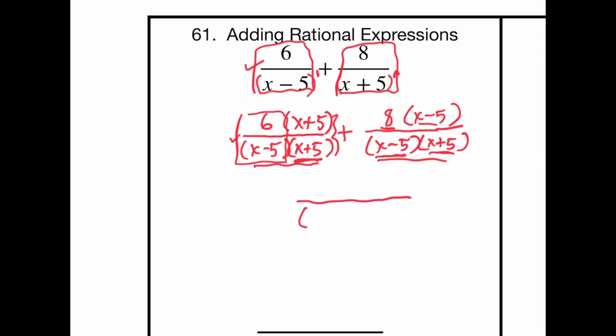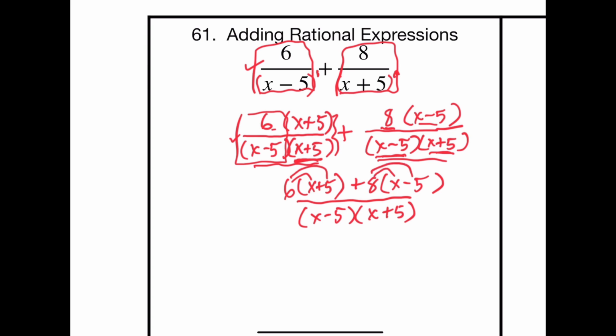So I'm going to write down my common denominator, x minus 5 times x plus 5. In the numerator, I have 6 times x plus 5 plus 8 times x minus 5. And so now all I have to do is simplify. Like previous problems, I have two distributive properties, 6 times x plus 5 and 8 times x minus 5.